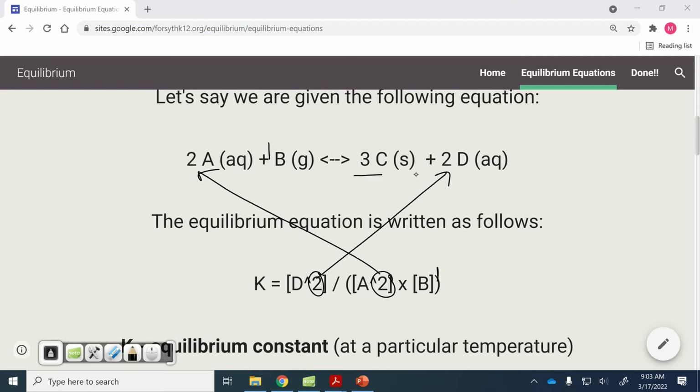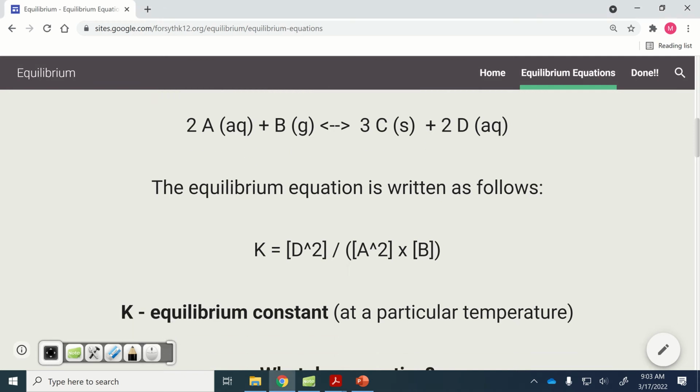If I was going to use C, it should be the concentration of C cubed times D squared over A squared times B. The coefficients become the exponent that we raise the concentration to in the reaction.